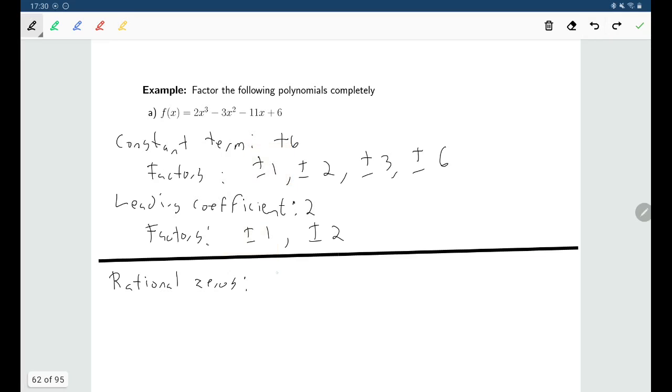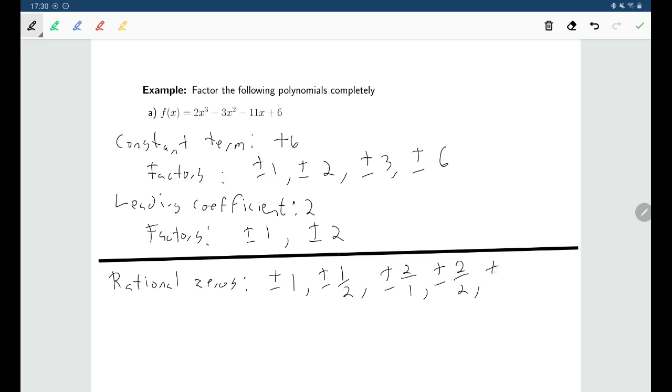So we have positive or negative 1, we have positive or negative 1/2, we have positive or negative 2 over 1, positive or negative 2 over 2, and then so on for all the rest.